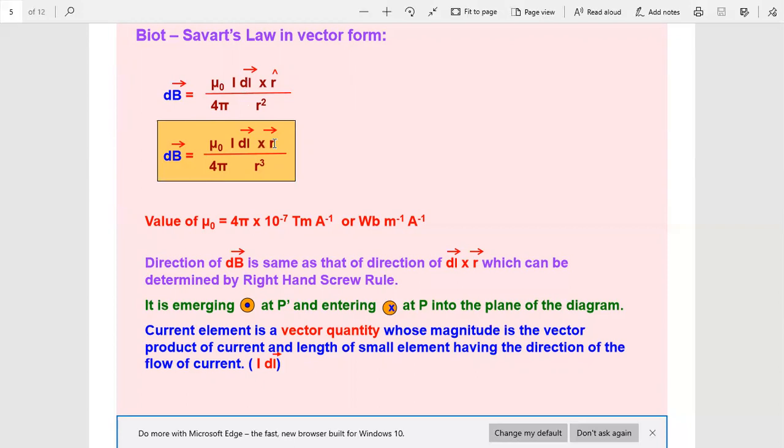Therefore, its direction can be determined by the right-hand thumb rule because it is a cross product. So the direction of the magnetic field at point P can be determined in the same way as the direction of dl cross r, which can be determined by the right-hand screw rule or right-hand thumb rule.